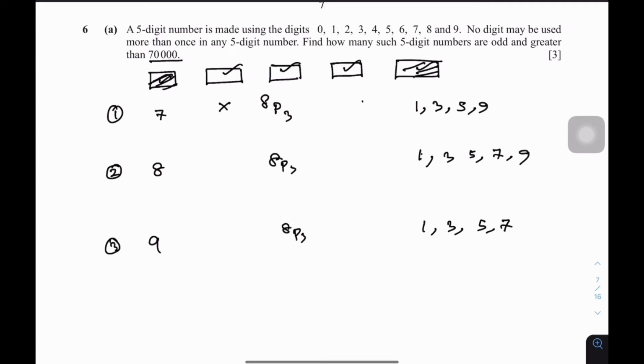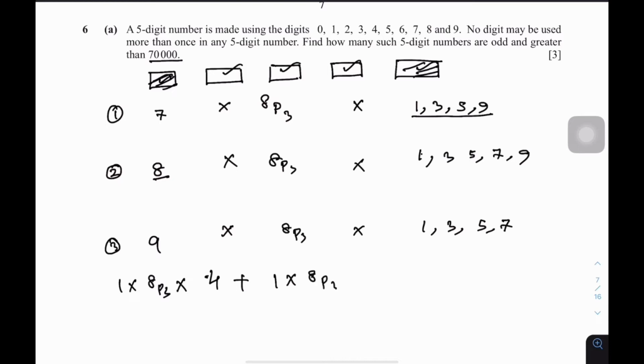So 7 can be placed in one way, then 8P3 into, there are 4 digits 1, 3, 5, 9, that means 4 ways we can place in this position, then plus 8 can be placed in one way, then 8P3 into 1, 3, 5, 7, 9, 5 ways we can place it. Then again 9 can be placed in one way, then 8P3 into 4 digits can be placed by 4 ways.